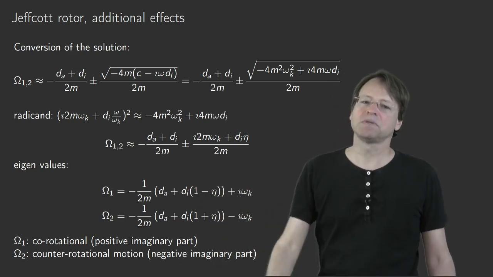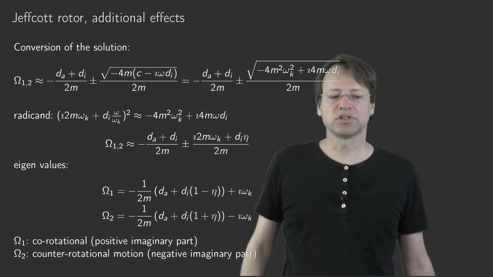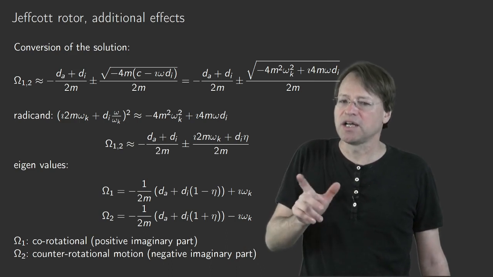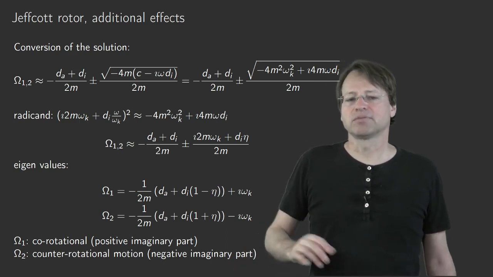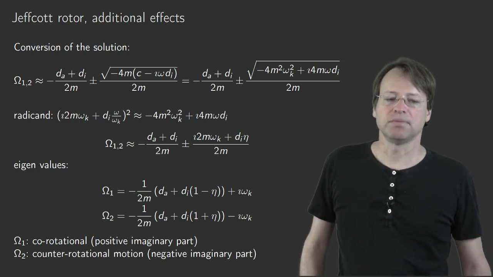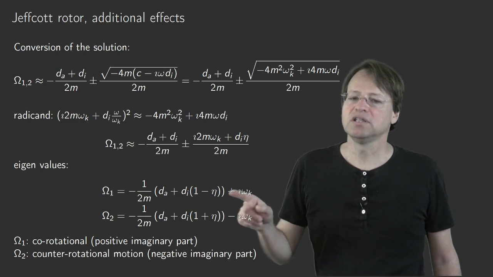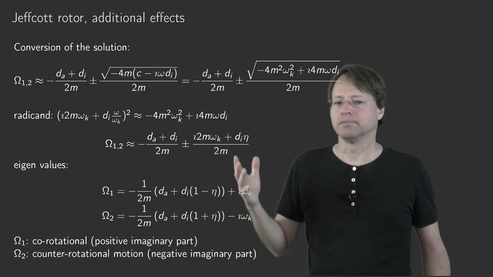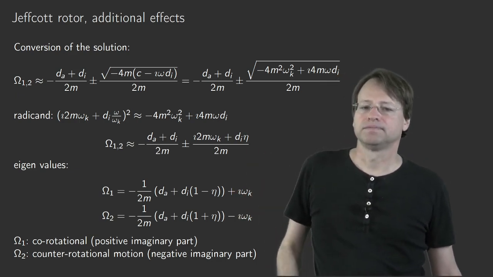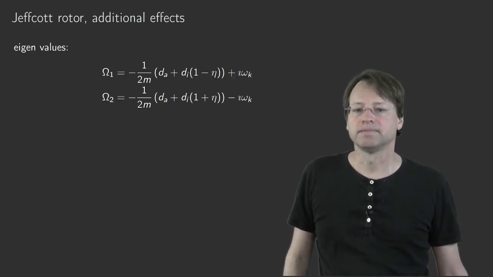If the rotational speed is too large, then the real part becomes positive, changes sign, and therefore leads to an exponentially increasing part of the solution, time dependence of the solution. We will compute these values of eta and also draw them and discuss the conclusion on the next slide.